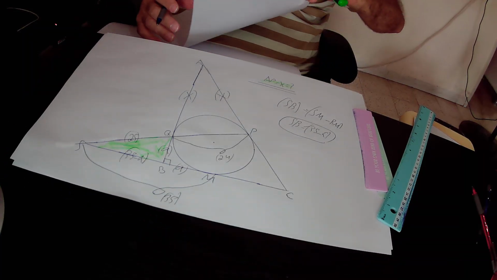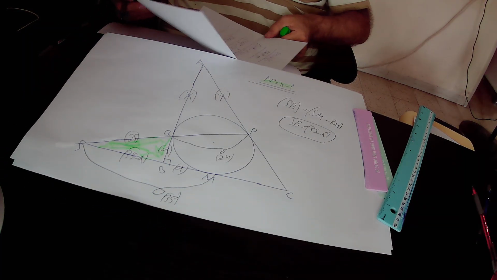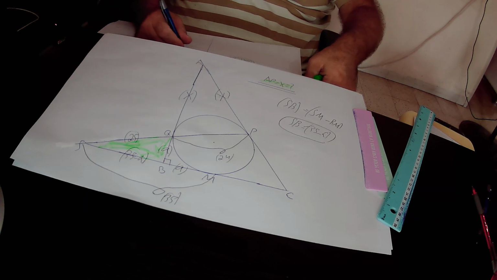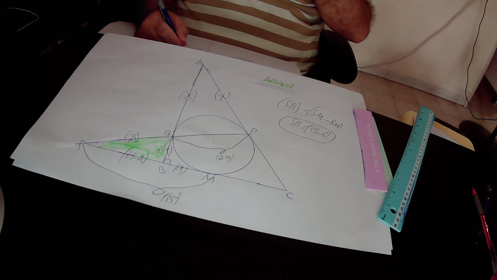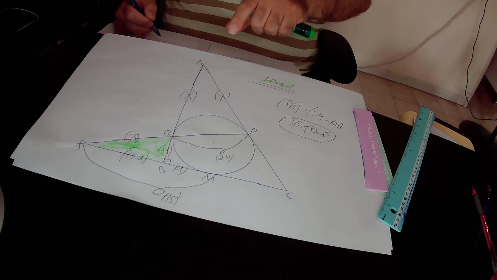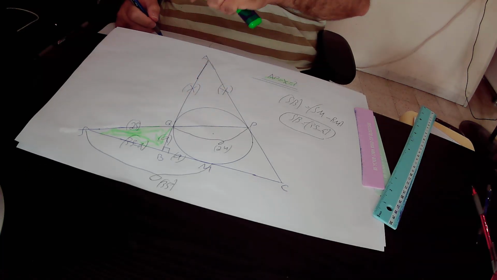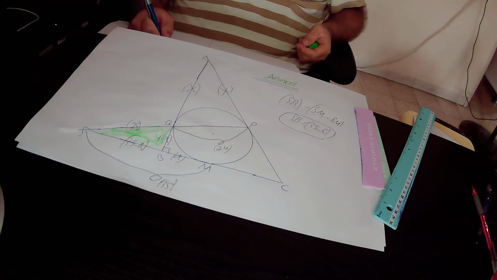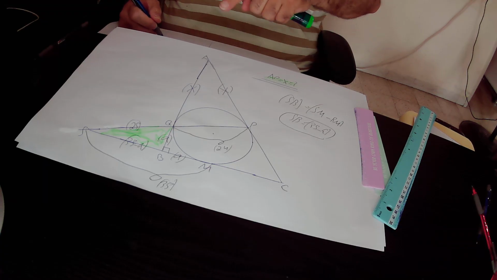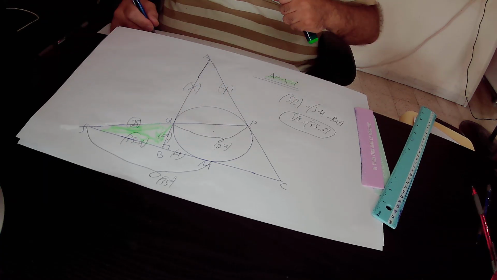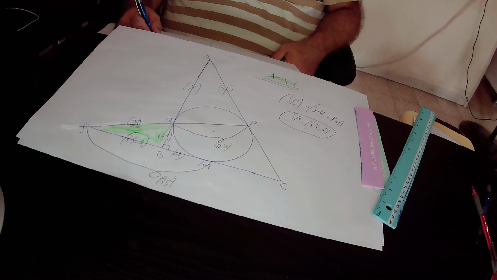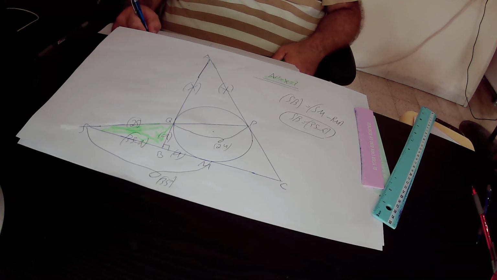QS is 25, therefore QS squared is 25 squared, that is 625. And it equals QB squared. QB is A, therefore QB squared is A squared, plus SB squared. SB is 35 minus A, therefore SB squared is (35 minus A) squared.